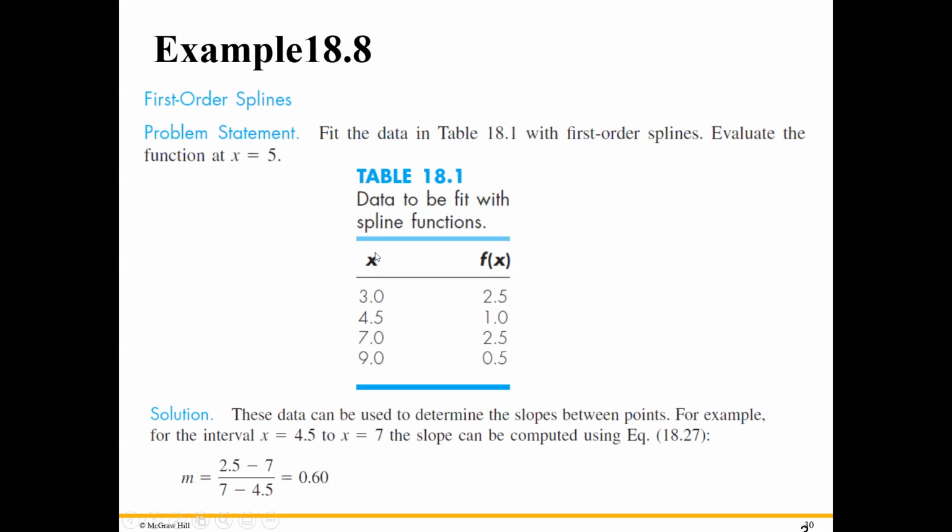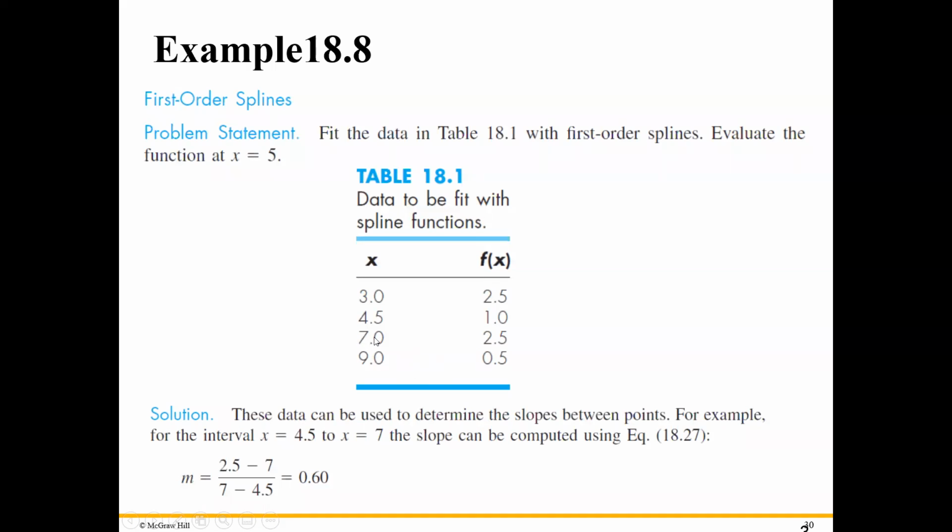For example, if we have data points x equal to 3, 4.5, 7, and 9, and their corresponding f(x) values are given, and we are asked to estimate the value of the function at x equal to 5 using the first order spline. In this case, the given value of x is between 4.5 and 7. So between these data points, we assume a linear relationship.